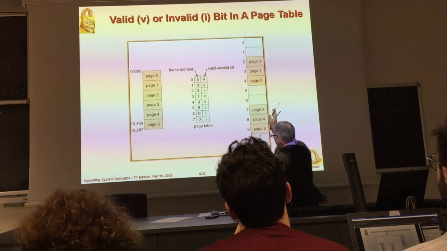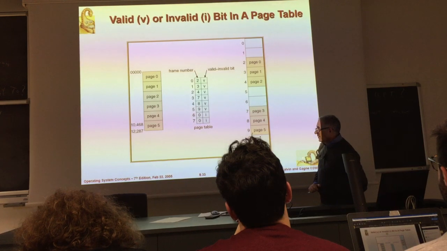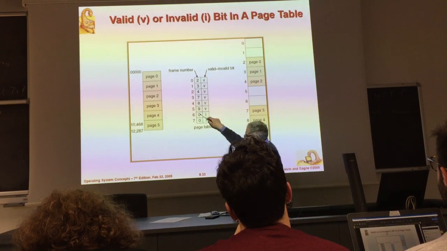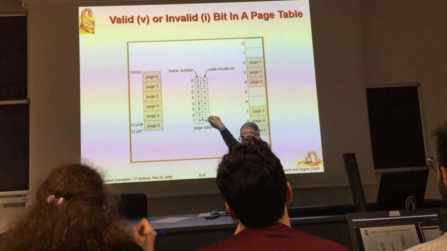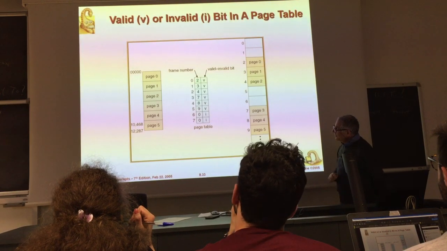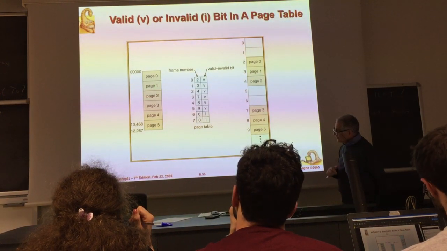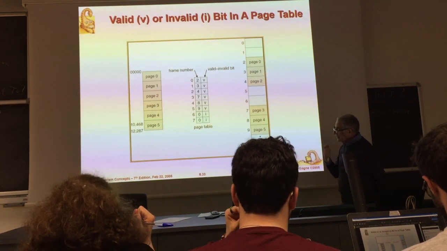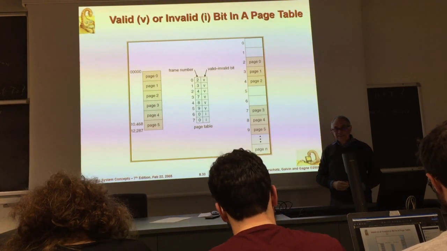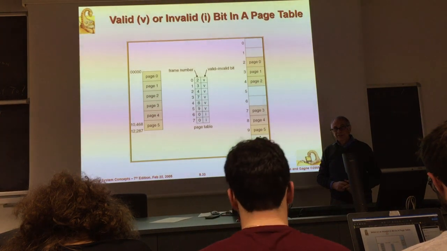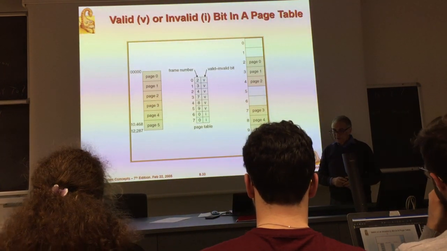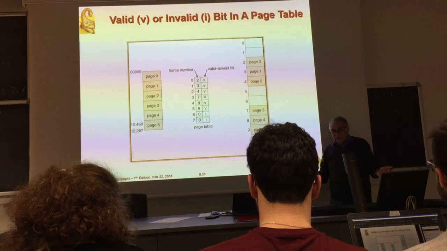Data are not in main memory, so there is no frame associated here, and the bit is invalid. We can use this bit also for protection, so to identify a page as read-only, for example, or read-write.